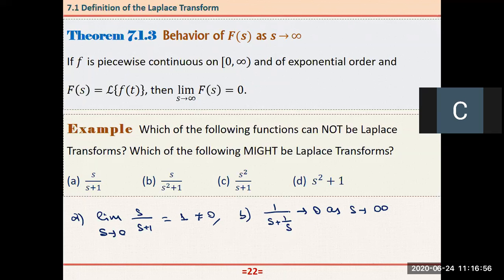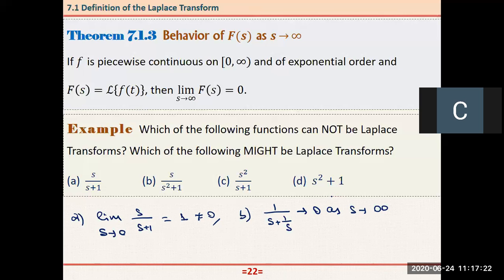And how about this one? If you divide by s squared, we have 1 over s plus 1 over s squared, and the limit is not defined. So that is also not a Laplace transform of any function. In a similar way, when s goes to positive infinity, it goes to positive infinity, so that is also not a Laplace transform of any function.